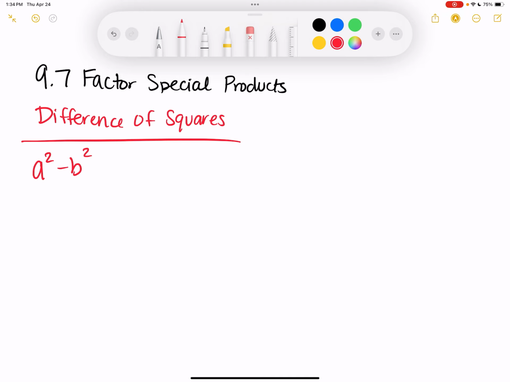Everything else we've been factoring has had three so far. So this one only has two, the difference of squares. Squared usually implies two, so hopefully that will help. Or like the difference of two squares. Anyways, this is equal to a plus b times a minus b.